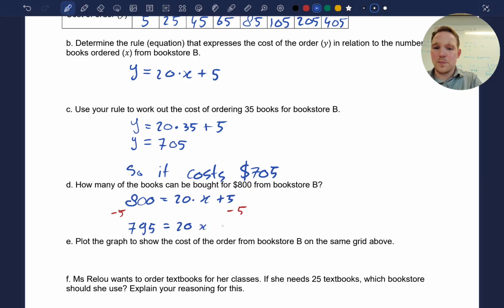I need a bit more space, so I'm going to continue right over here. What do I do on both sides now? Divide by 20. I'm dividing by 20 on both sides.